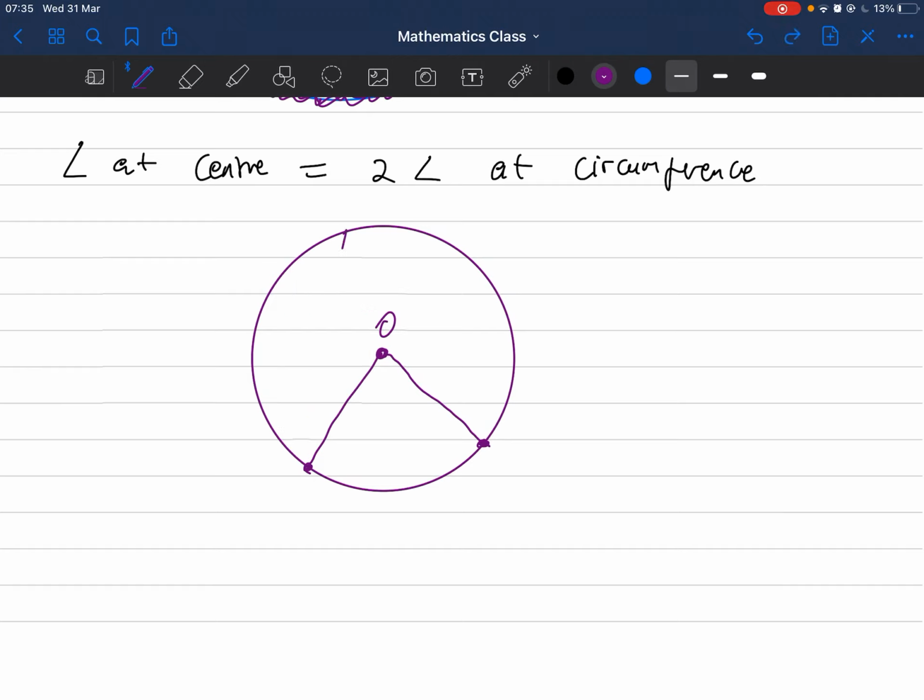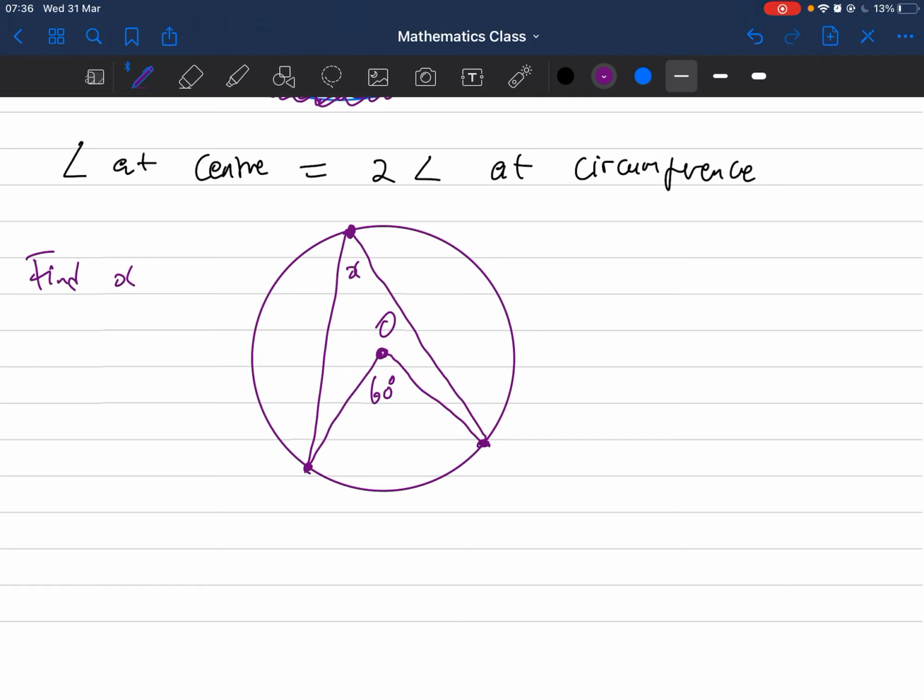I don't want to introduce the diameter yet. Then you are told this is 60 degrees, and this is your x.